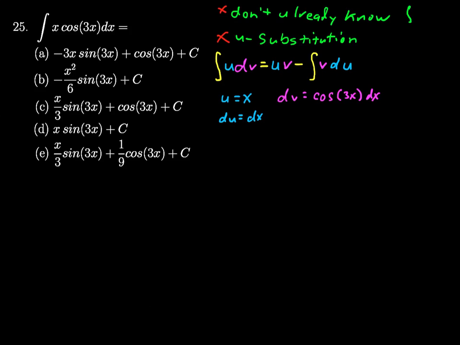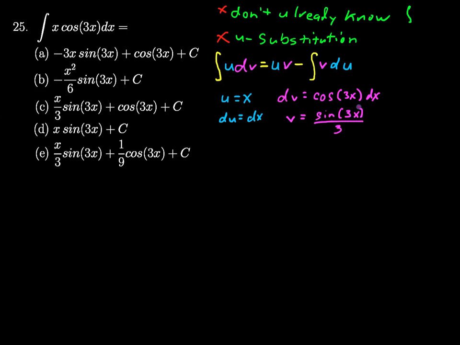So we'll get from that v is, I could use u substitution. We should know a rule for this. Basically, if I have the cosine of any constant times x, the antiderivative of that will be the sine of that constant times x, sine of 3x, divided by 3.